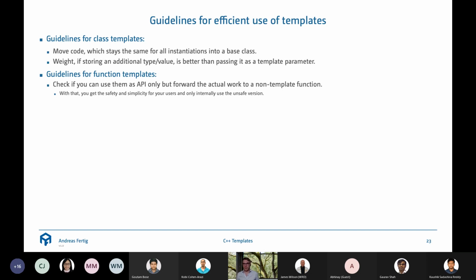And the guideline for function templates is to check if you can use them as API only and forward the actual work to a non-template function. So this is roughly what send does. Send is for end users. It takes a guaranteed span. There I have the size and the pointer to the data. Nobody has to call sizeof. That's pretty in the code.